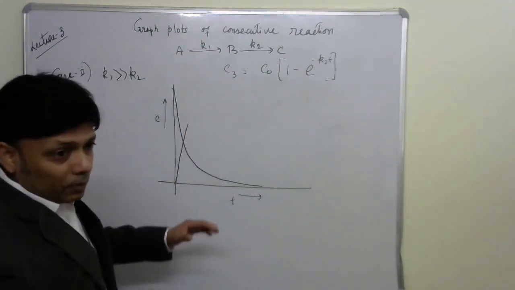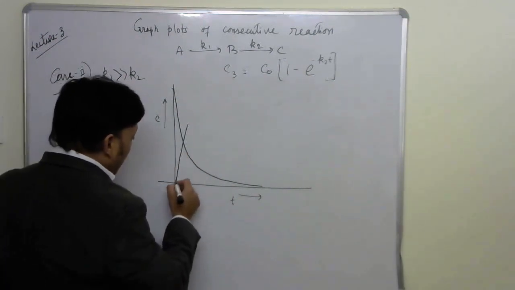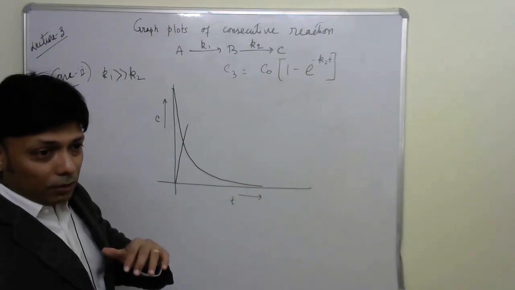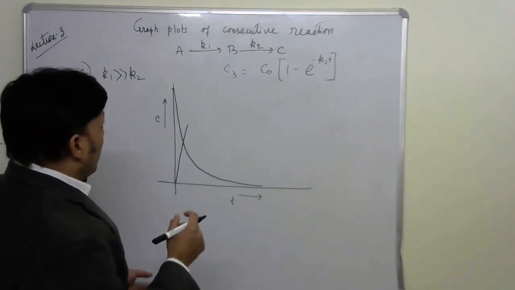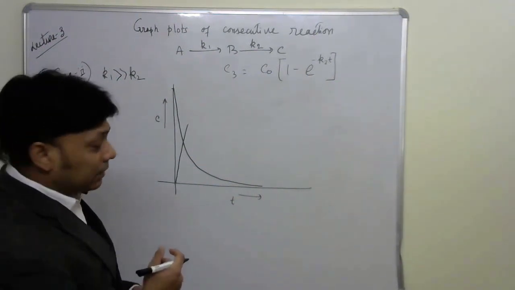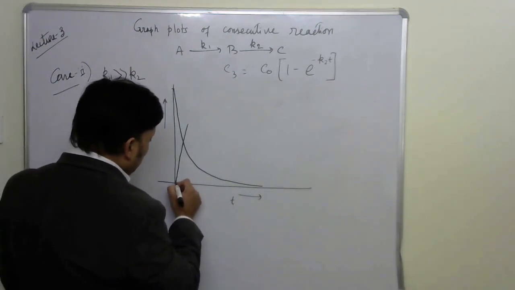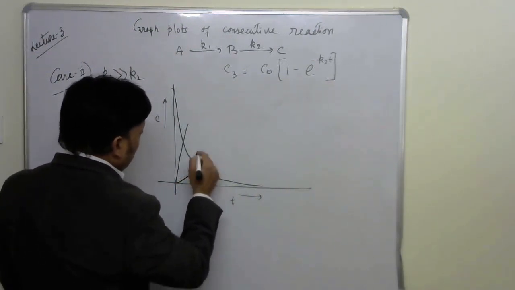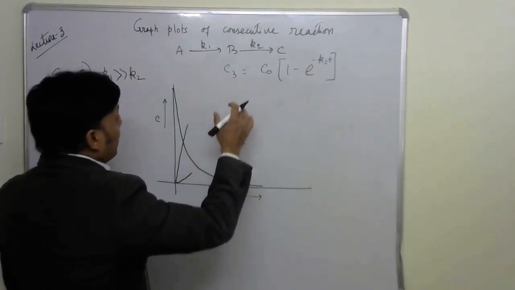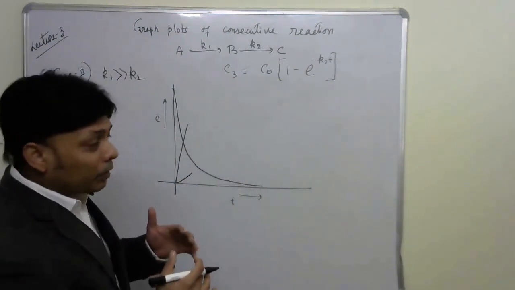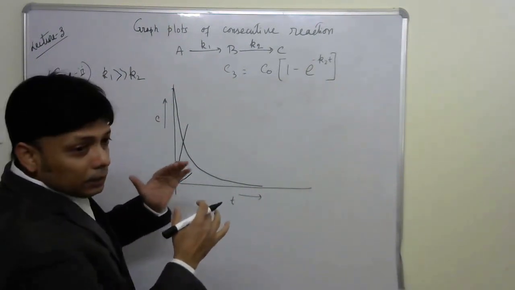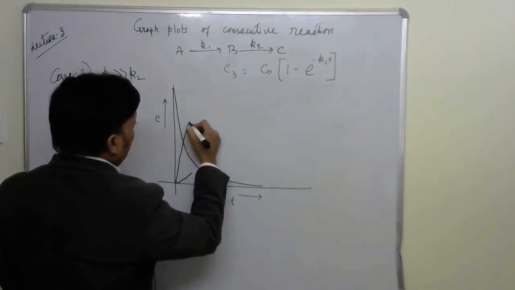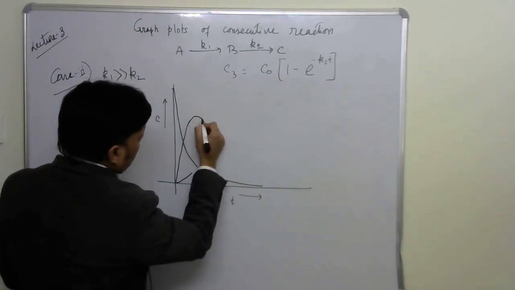But then after a time lag, a brief time lag because K2 is very small, K2 would slowly build up, and once enough B is formed, it would decay to C, but its decay would be very slow.